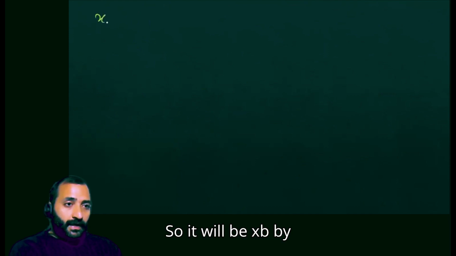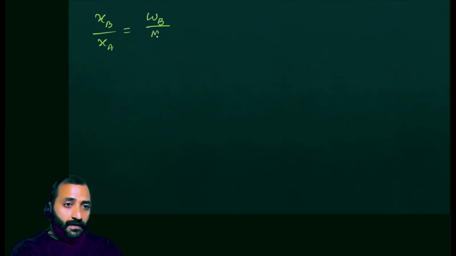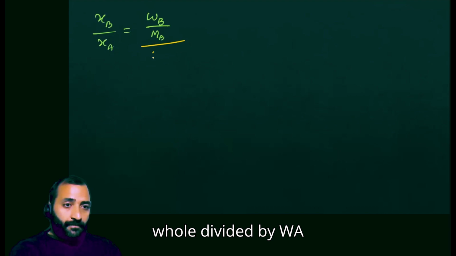So it will be Xb by Xa is equal to Wb by Mb whole divided by Wa by Ma.